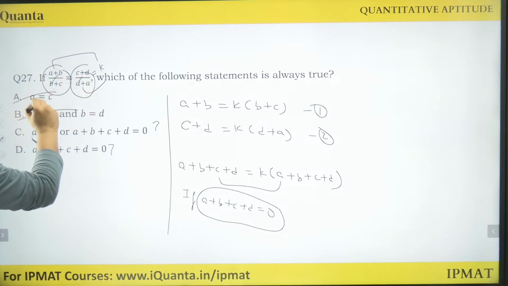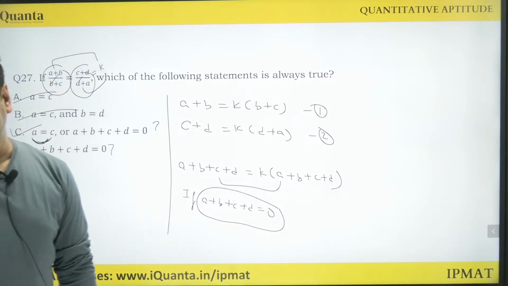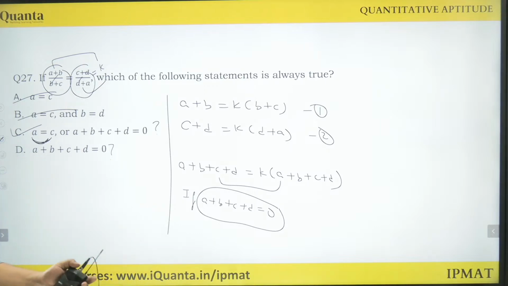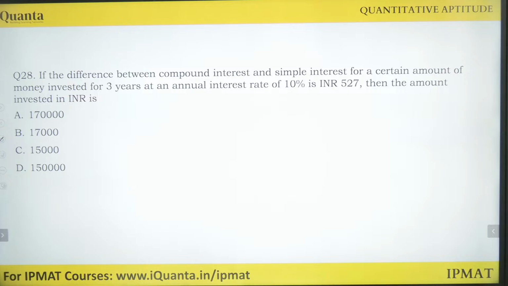Second, D and D are common. Only A and C are uncommon. If they become equal, everything becomes equal. That means A equal to C should also be there. So we'll go with option C, because there will be two different possibilities: one where A is equal to C, and the other where A plus B plus C plus D equals 0. Clear? So now you must be realizing that if we have the options, things become very easy for us to solve, right? The next one.